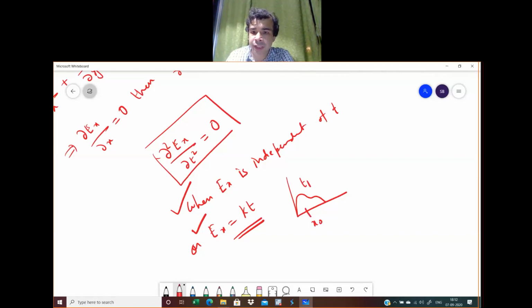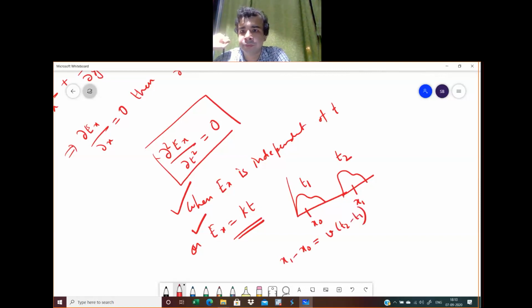Then we expect exactly the same disturbance at some x1 at time t2 such that x1 minus x0 equals v times t2 minus t1. If this is a wave, we can say this.